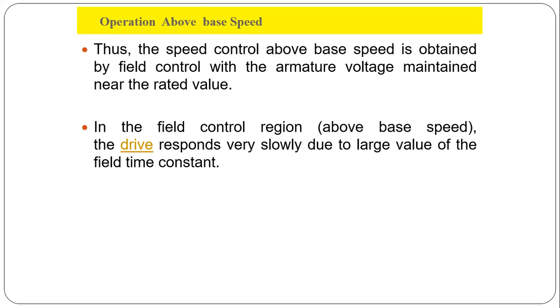In the field control region above base speed, the drive responds very slowly due to the large value of the field time constant. So this is all about the closed loop speed control scheme for above and below base speed.